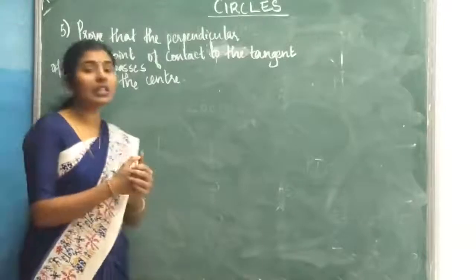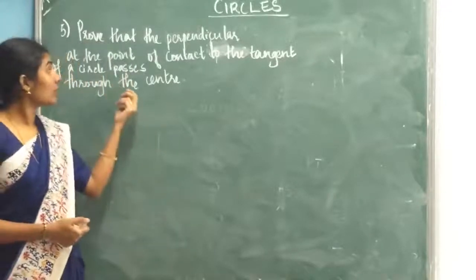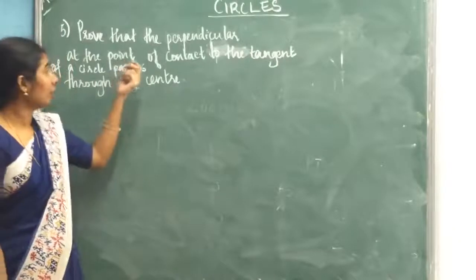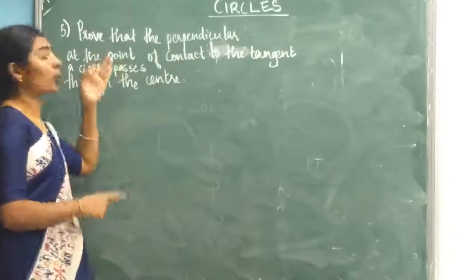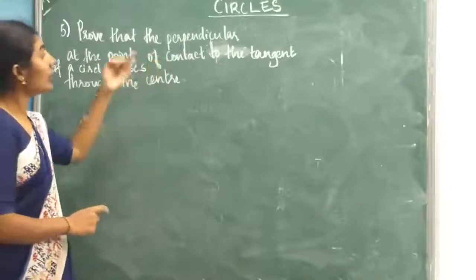If you can't understand what is given, you can find it from this question. They are talking about one perpendicular, a point of contact, and a tangent.